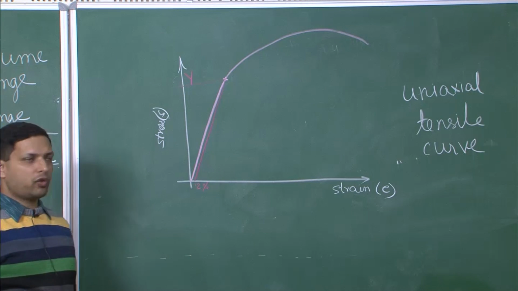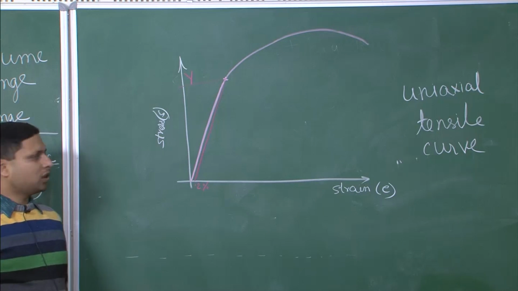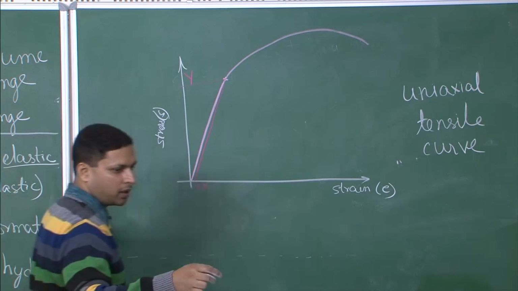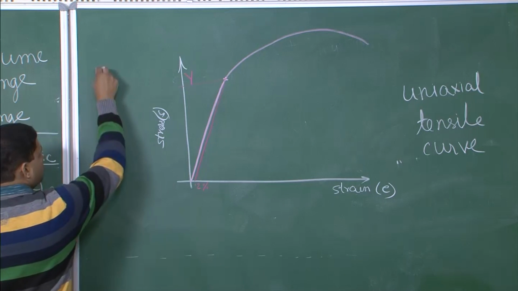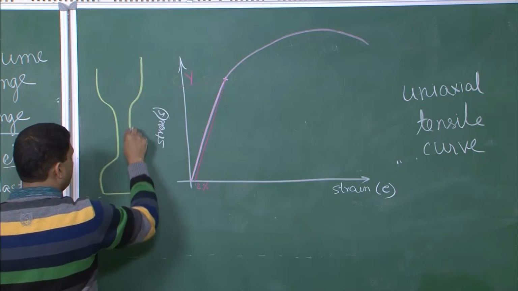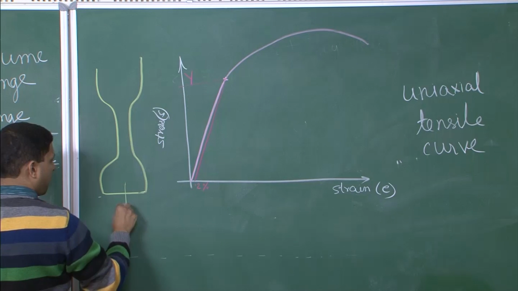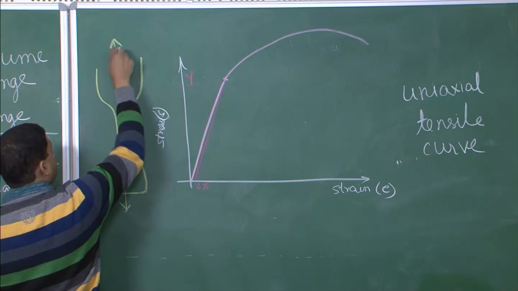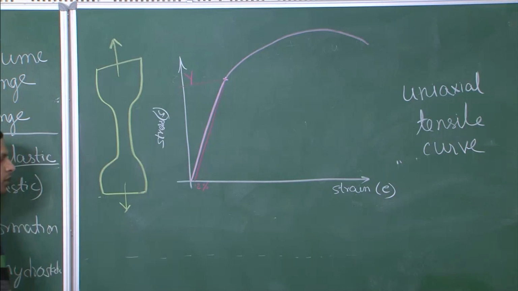So, it is the stress value at which the material starts to deform. For the sake of completion, let me draw a simple dog bone which you may be stretching in tensile condition.